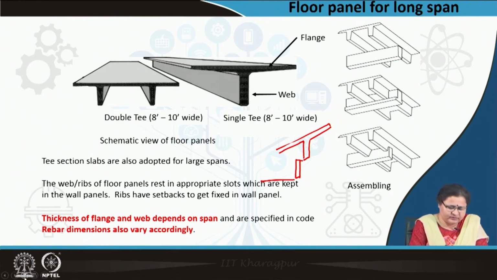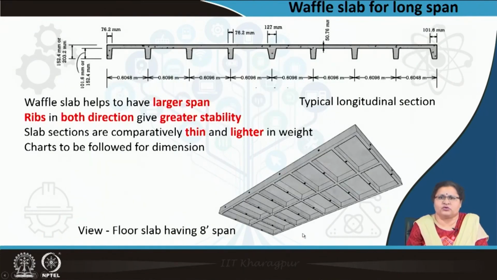So, after looking into the different types of floor panels, both short span or small span as well as long span, let us try to also see the other one, which is the waffle slab.